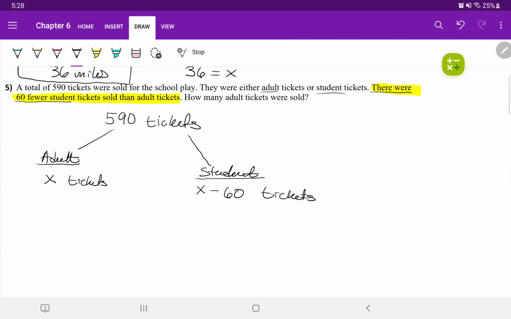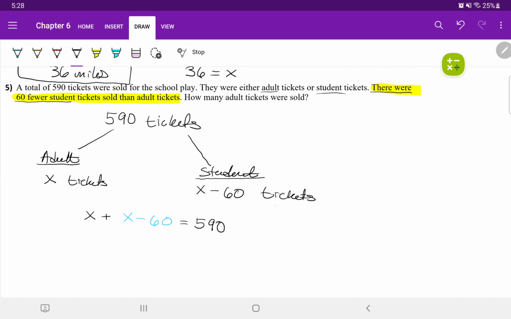And remember, the number of adult tickets plus the number of student tickets equals the total tickets sold. So X tickets, plus X minus 60 tickets, will equal the total number of tickets sold, which is 590 tickets.